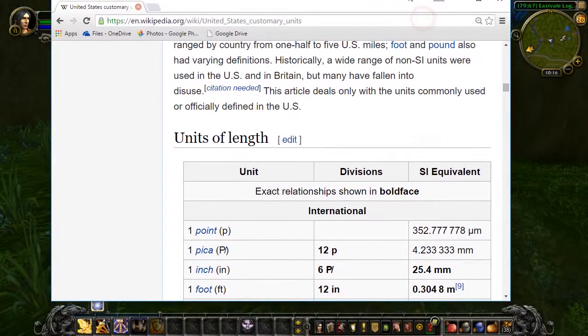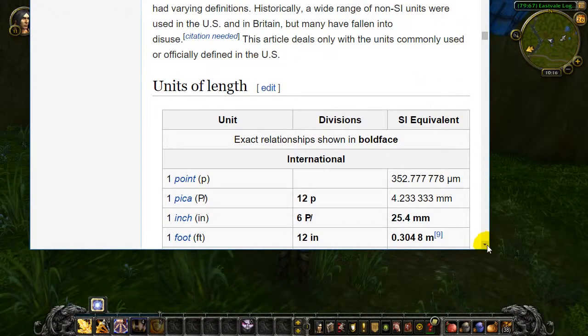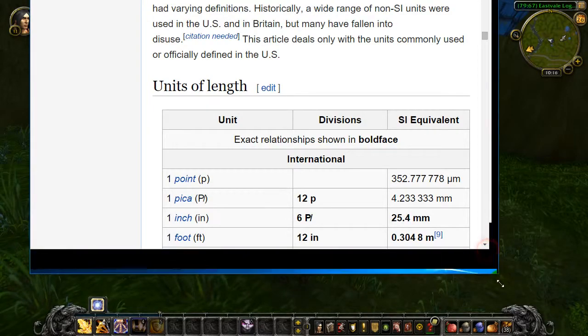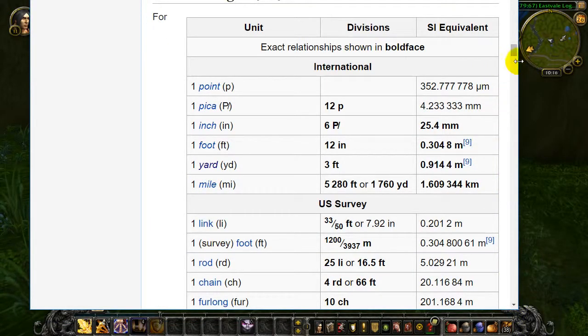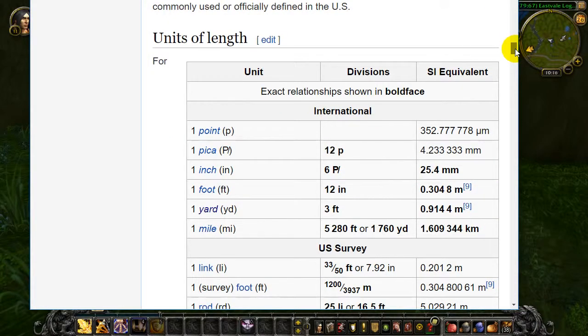Let's have a look at the units of length used in the United States. 1 yard is approximately 3 feet, and 1 foot is 0.3048 meters, which means 1 yard is 0.9144 meters.